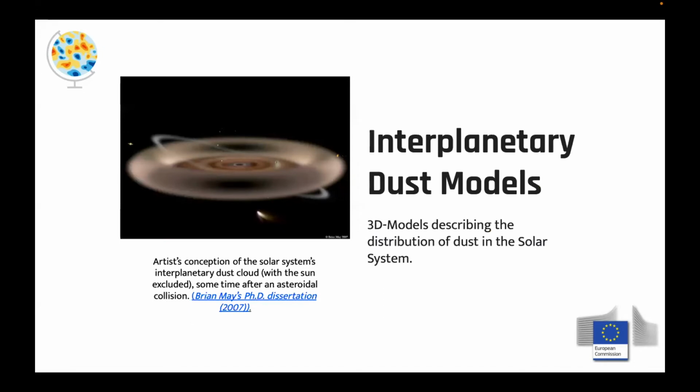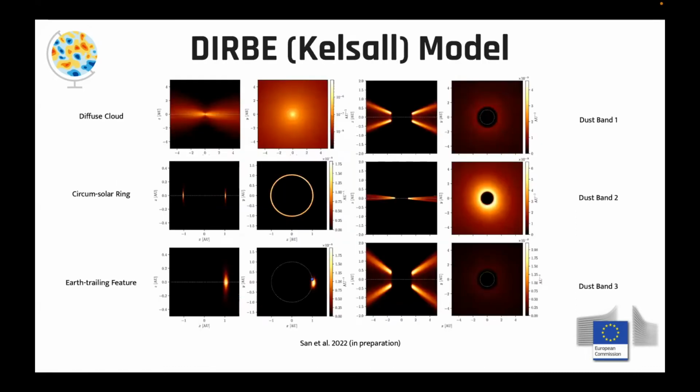The first step is to figure out how the dust is distributed in the solar system. For this, you need an interplanetary dust model. This is typically a 3D parametric model, which splits the dust distribution into several components. The most familiar one of these is the DIRBE model or the Kelsall model, and this includes 6 such components.